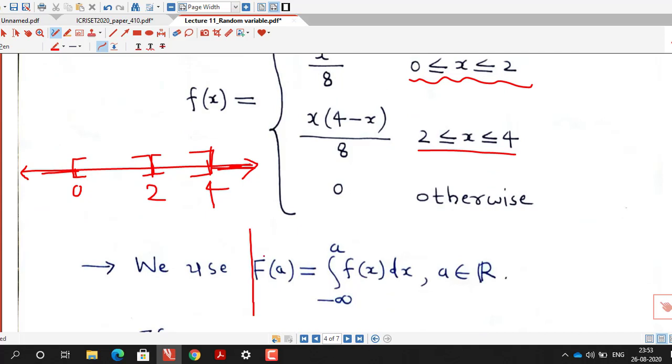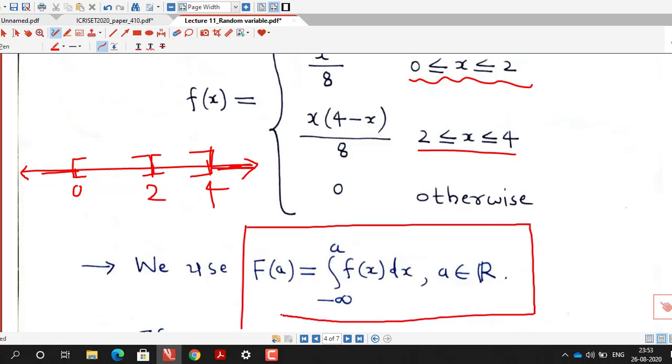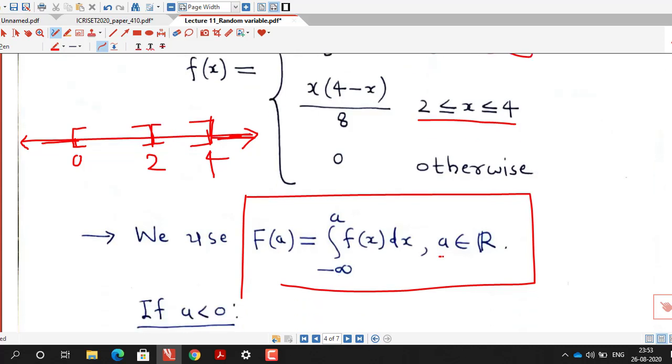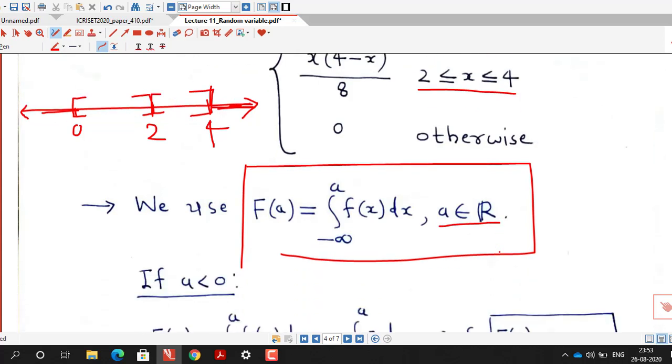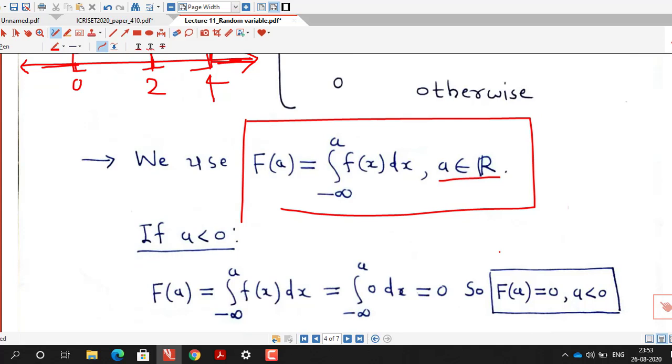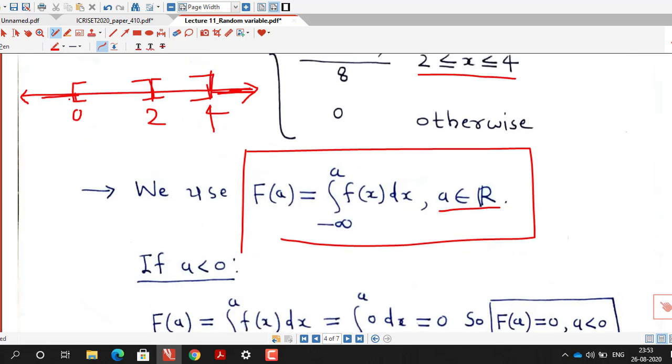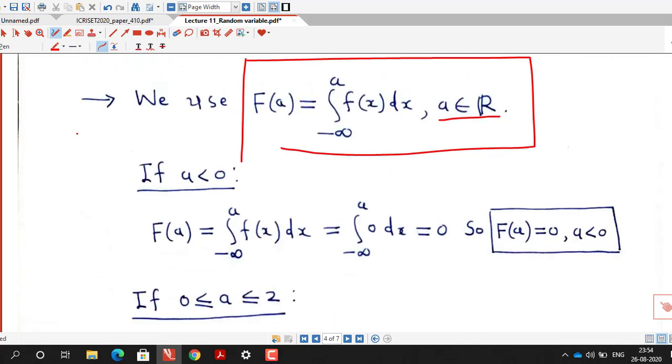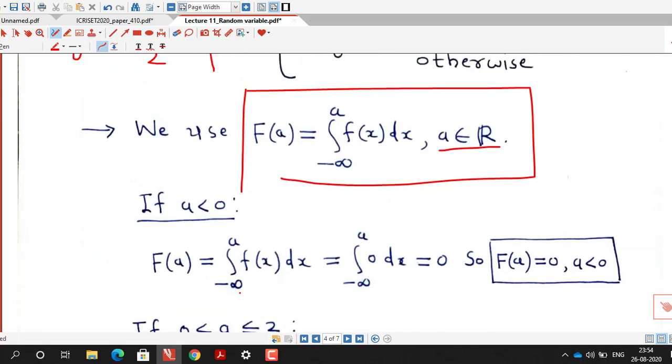And to find out the CDF, we will use this formula. F of a is the integral from minus infinity to a of f(x) dx for every real number a. So first we consider if a is negative, meaning outside this interval. So if a is negative, F of a is the integral from minus infinity to a of f(x) dx.